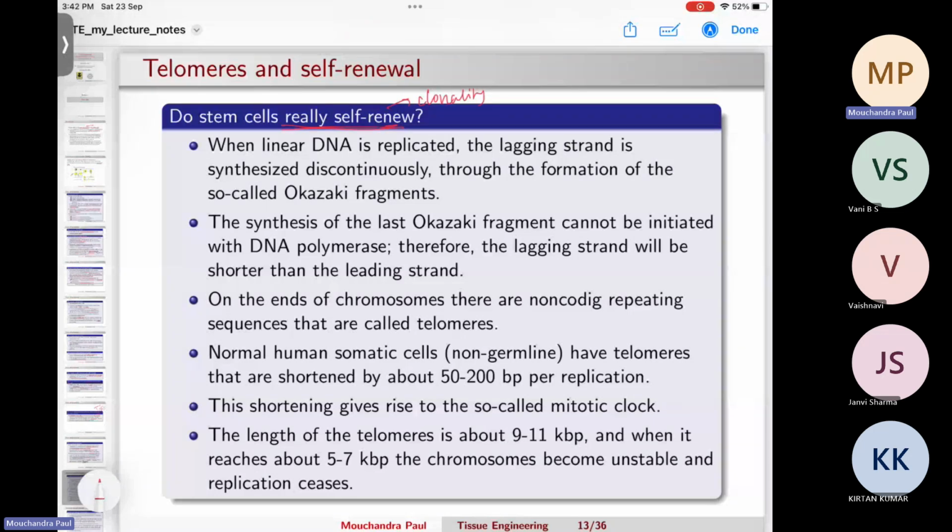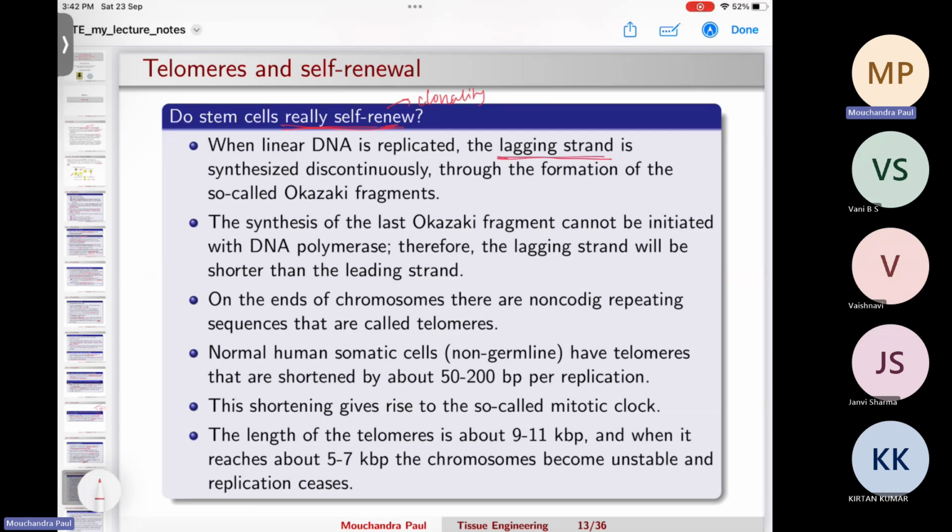So what happens with DNA replication? When the DNA polymerase acts on the template DNA, it creates two new strands. One strand is formed continuously, called the leading strand, and another strand is called the lagging strand.